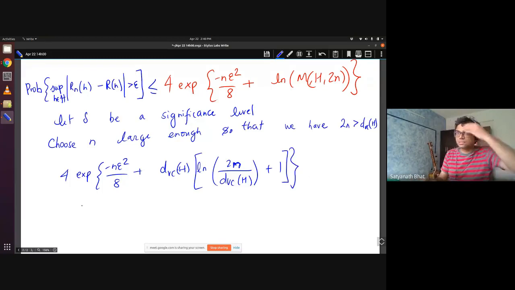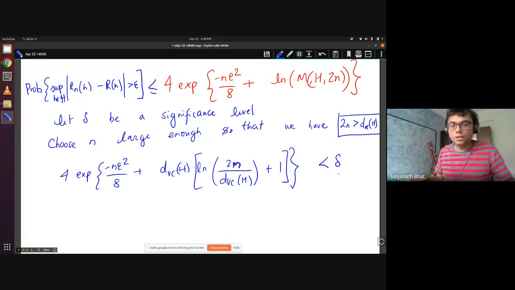So we will choose n large enough so that two things are happening. One is that this is true, and secondly we are getting less than delta. So if these things are given, suppose this is true, we want to find out what is the epsilon that you will get out of this.